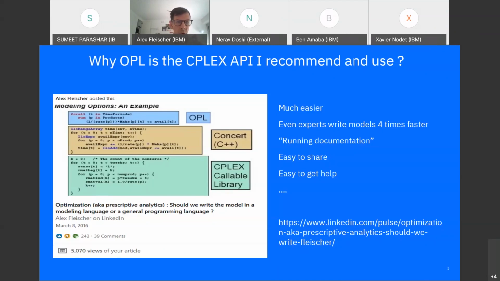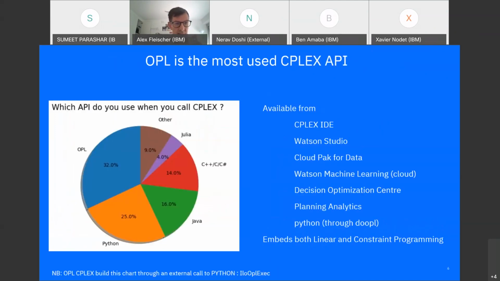And you can see that you can call Simplex from OPL, but also from C++, we have maybe 20 different APIs. So here you have some statistics about the different APIs our users use. So you can see that OPL is about 32%, and the second one is Python. Python is a very good API too, but OPL is still my favorite.